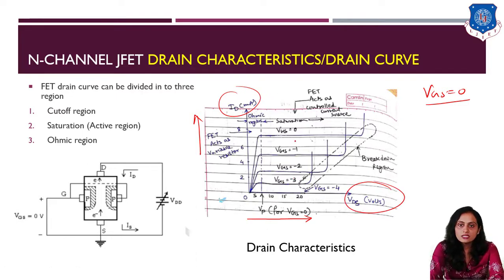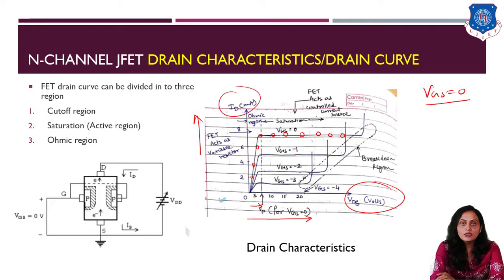So for VGS equal to 0, you find initially the current increases with the increase in the VDS, but after some VDS value, you will find this current becomes almost constant.